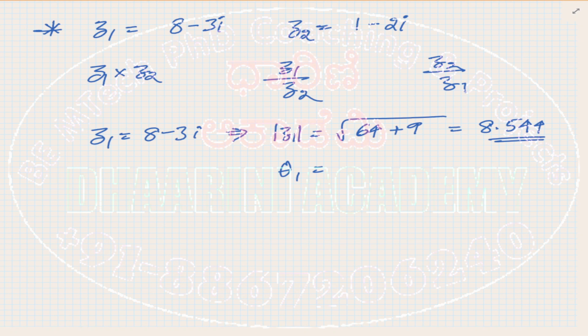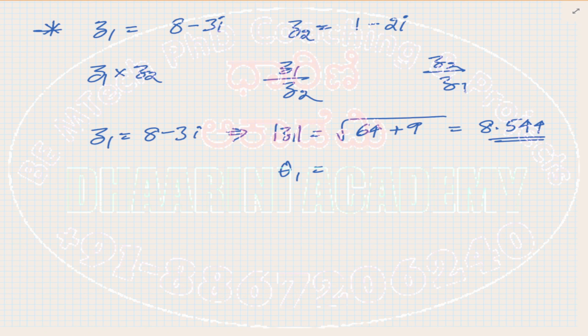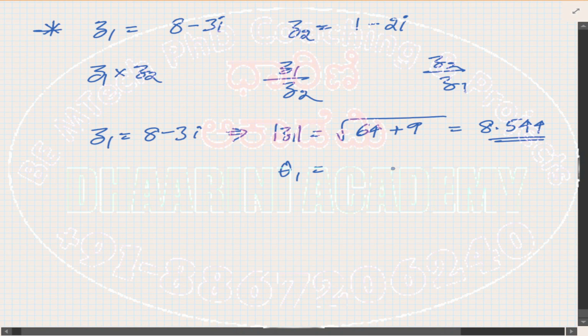So this has to be minus tan inverse of 3/8. Okay, you can write in degrees, no problem. Minus tan inverse of 3/8 comes to be minus 20.5 degrees.